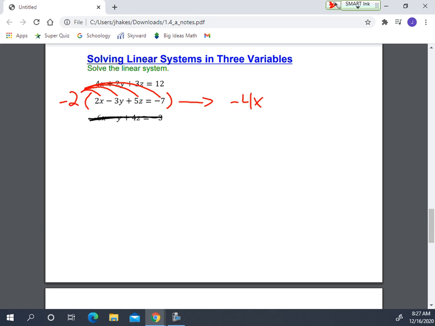Negative 2 times a negative 3y is a positive 6y. Negative 2 times a positive 5z is a negative 10z, equals negative 2 times a negative 7, which is positive 14.